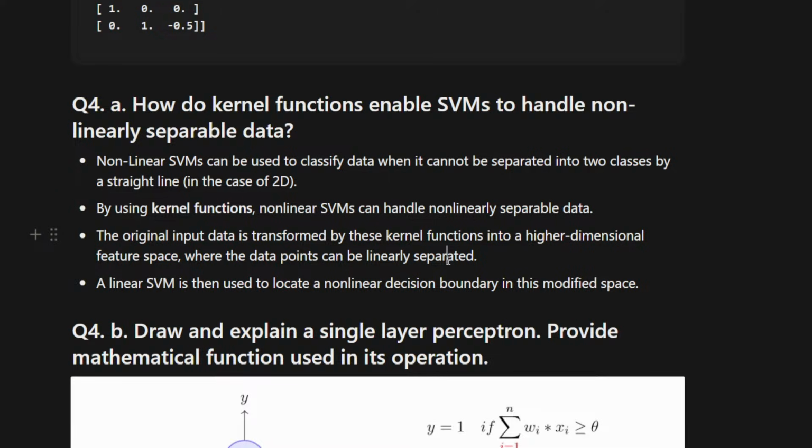If it can be linearly separated, then a linear SVM is used to locate the nonlinear decision boundary in this modified space. So kernel functions are the key to handling non-linearly separable data, because those are the functions that help us transform the non-linearly separable data into a higher dimensional feature space where the data points can be linearly separated.